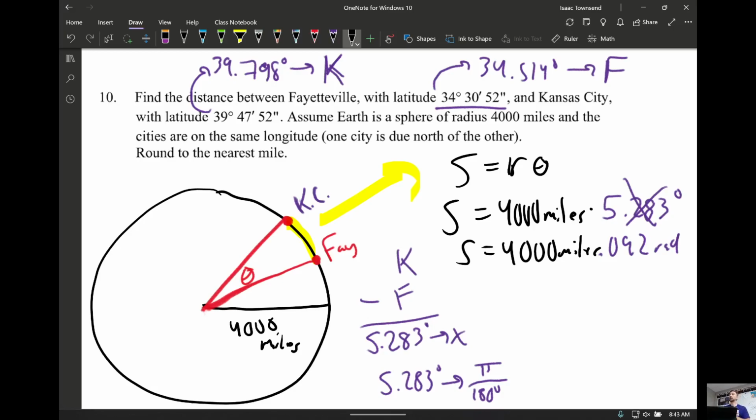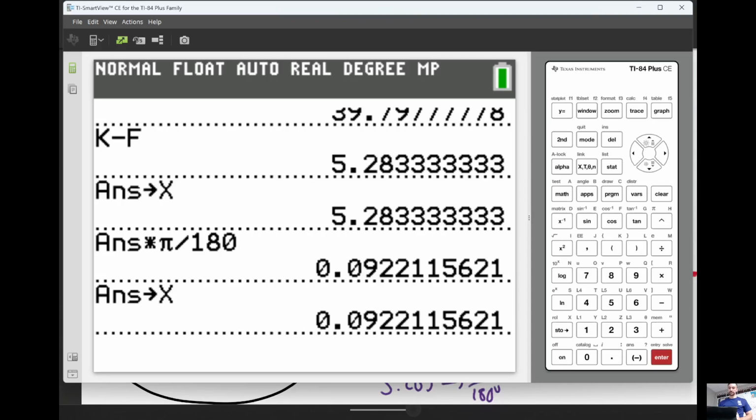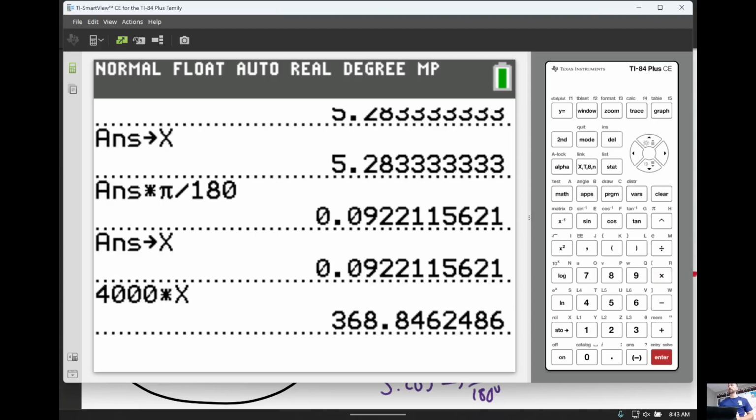I've had R from the beginning. Theta, I had to think of Kansas City and Fayetteville as decimals so I could subtract them, but then it only works in the formula if it's a radian, so you have to convert it to a radian. And then finally, if I throw all this in my calculator, 4,000 times what I stored in for X. I have not rounded one single time yet, so that answer is just about perfect.